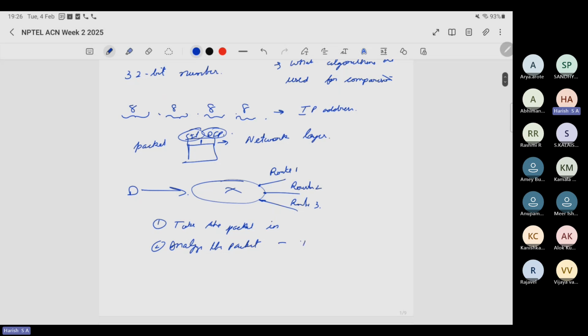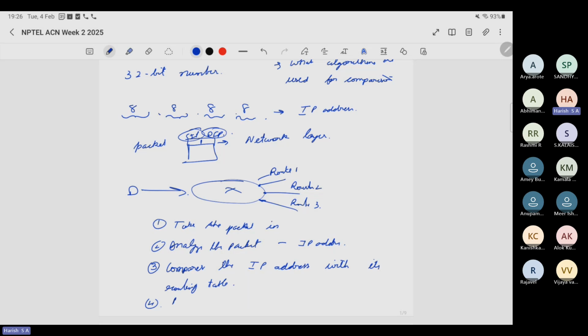What does it see? It sees the IP address. Then it compares the IP address with its routing table, and based on whatever is there in the routing table, it puts it onto route 1 or route 2 or route 3.